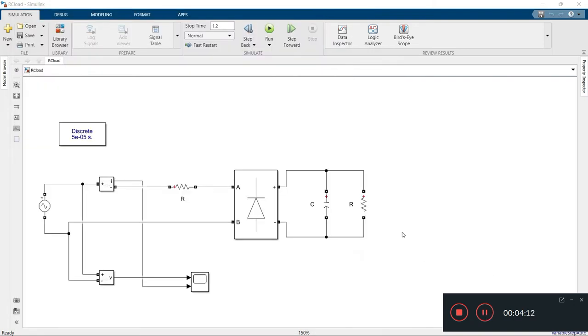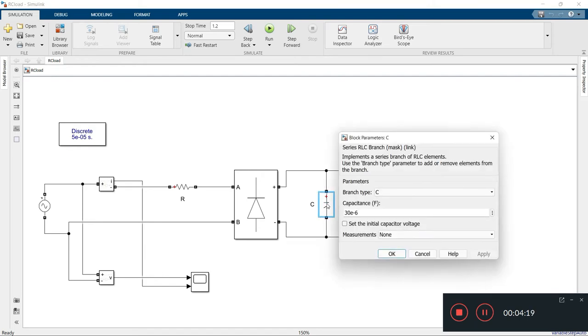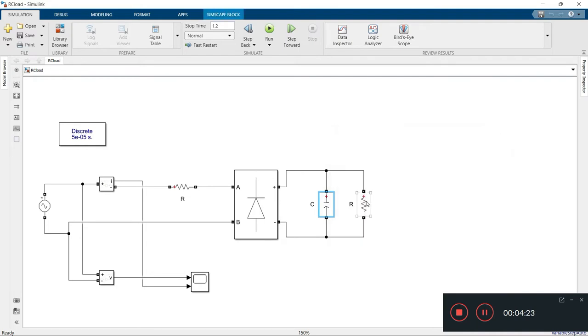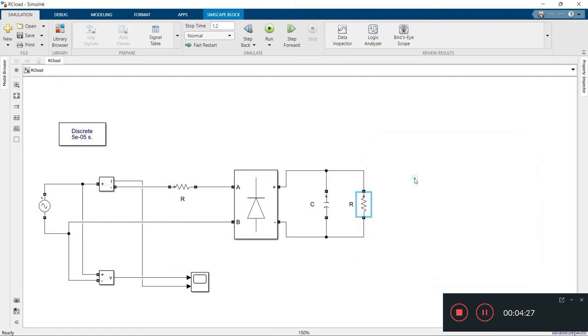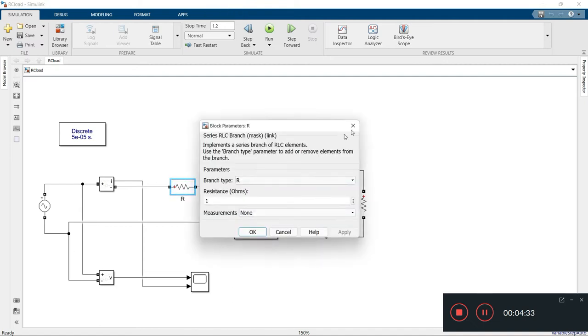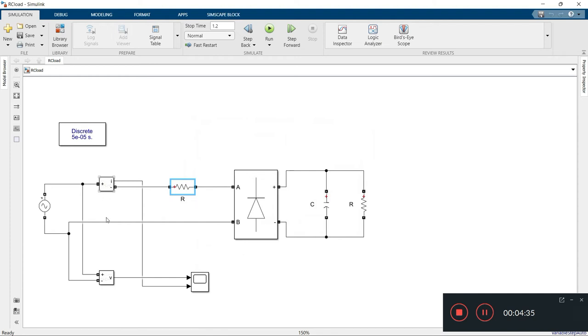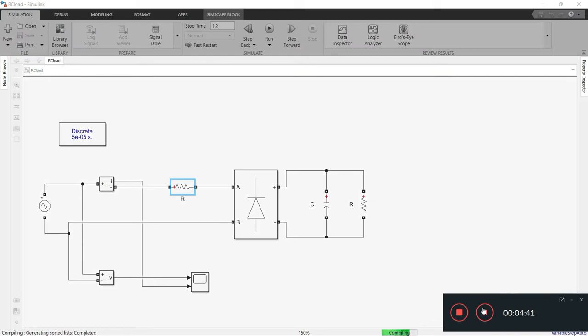And lastly, for the RC load, we set the value of the capacitor to 30 microfarad, a resistor of about 20 ohm, and here a resistor of 1 ohm, a current measurement, voltage measurement, and a scope. Then we run the simulation.